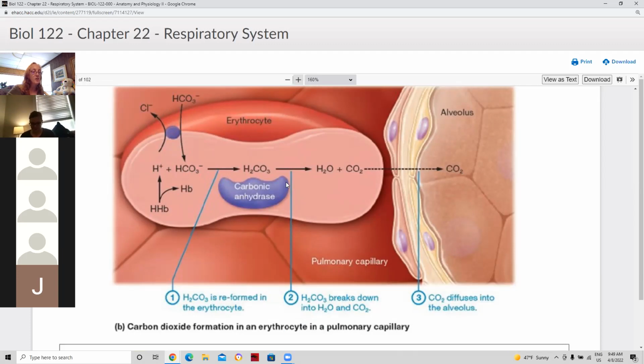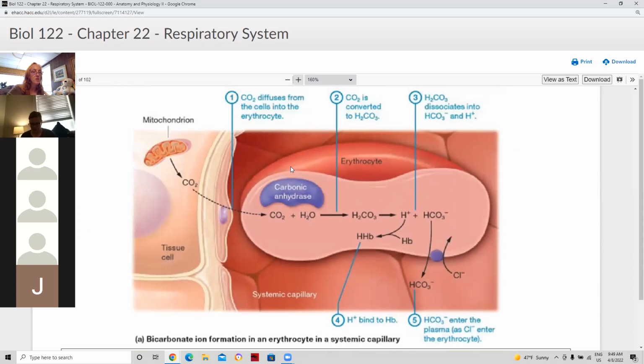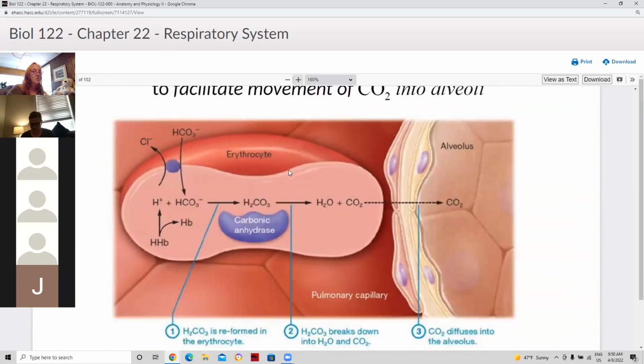Carbonic acid then immediately dissociates into water and carbon dioxide, and carbon dioxide leaves the cell. So it is the reverse of this. This is what's occurring in the interstitial tissues to carry out the carbon dioxide and take it to the lungs. This is what's occurring in the blood, in the lungs.